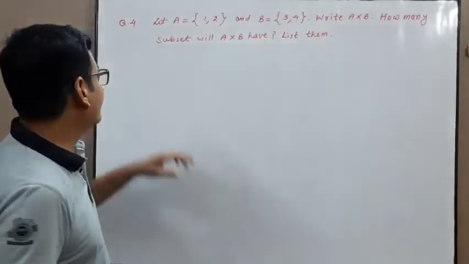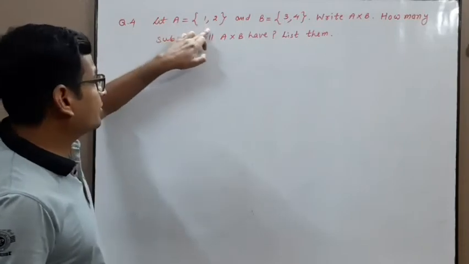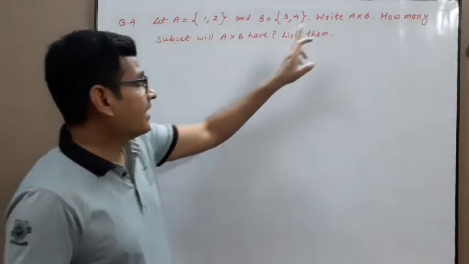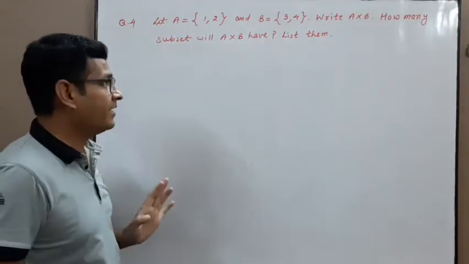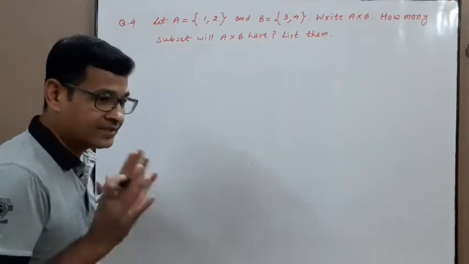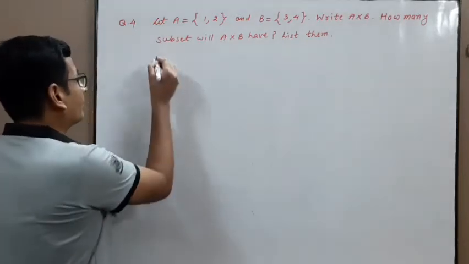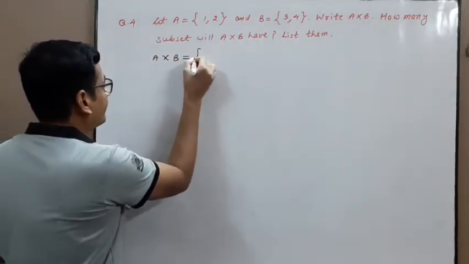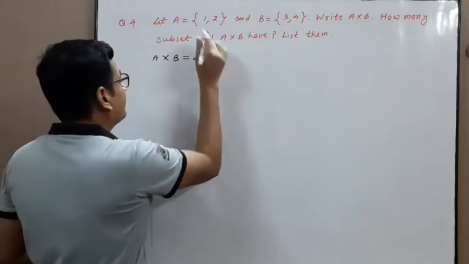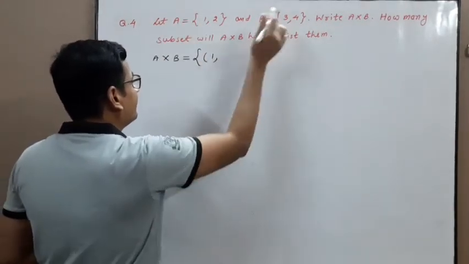Next problem. Let A equal to this and B equal to this. Write A cross B. How many subsets will A cross B have? List them. So there are three parts. First part, write A cross B. The first element belongs to the first set and the second element to the second set.